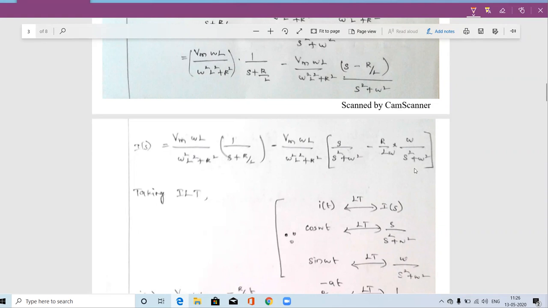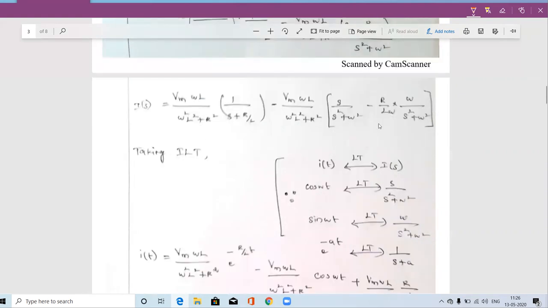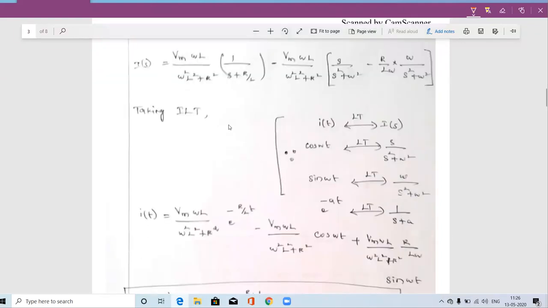Then this omega by s squared plus omega squared, we can write as sine omega t. Okay, so we arranged in the standard Laplace transform form. What is the next step? We have to take the inverse Laplace transform. If we take the inverse Laplace transform, this constant you write as it is. What is the inverse Laplace transform of this one? E power minus at. In the place of a, what is the answer available?